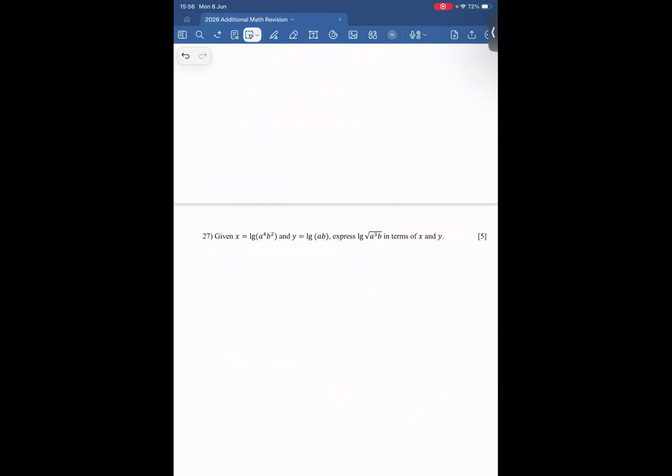Okay, so you must know what the question wants from here. The question wants this. This is actually a power 3b power half. I can bring the half down. Then this becomes log a cube plus log b. Then this becomes 3 over 2 log a plus half log b. Okay, so this is what the question wants.